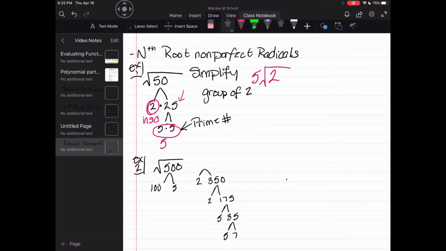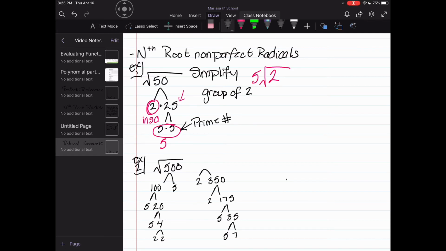On the other side, I know that 100, I could do 5 times 20. And I know that 20, I can do 5 as well, and I could do 5 and 4, and then 2 and 2.